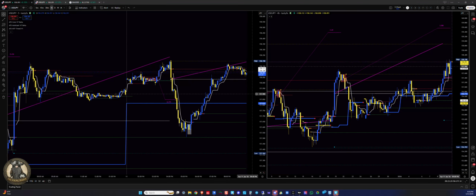The first thing, probably one of the most important things, is this little white line right here. This is our expansion line or fair market value, which means this is where price likes to be. It's always drawn to it.